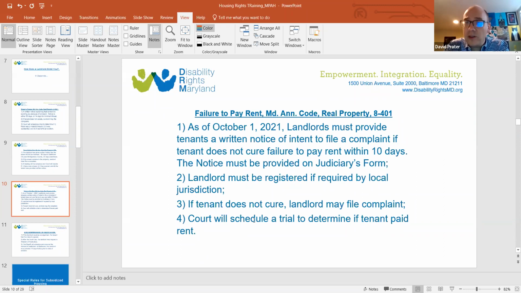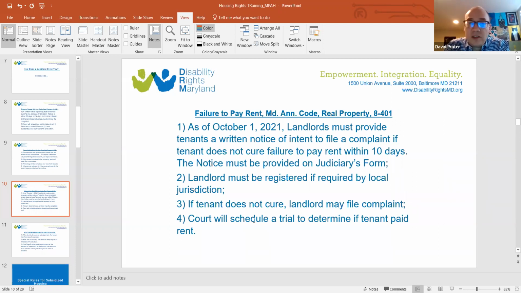And the notice must be provided on the judiciary's form. So there is a pre-filing notice now for landlords for failure to pay rent. Another thing that is required of landlords is they must be registered if the local jurisdiction has a landlord registration requirement.